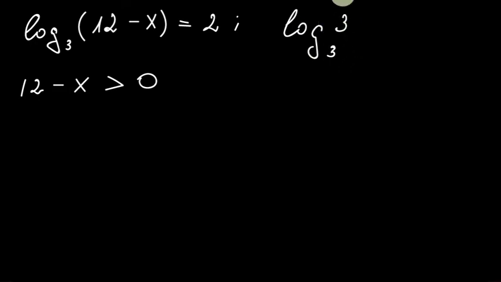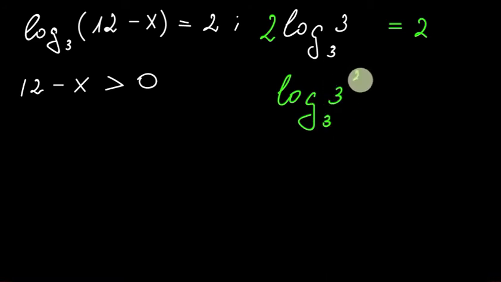Now if we multiply this by 2, we will get 2, right? So now we need to use our properties, and we'll get that it's the same thing as logarithm base 3 of 3 square, and that is logarithm base 3 of 9. So logarithm base 3 of 9 is equal to 2.